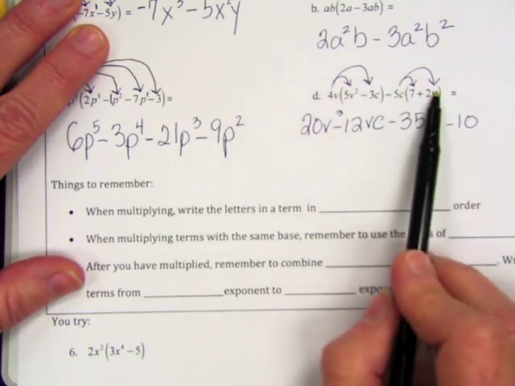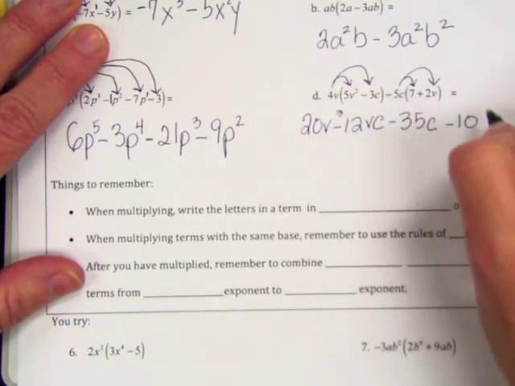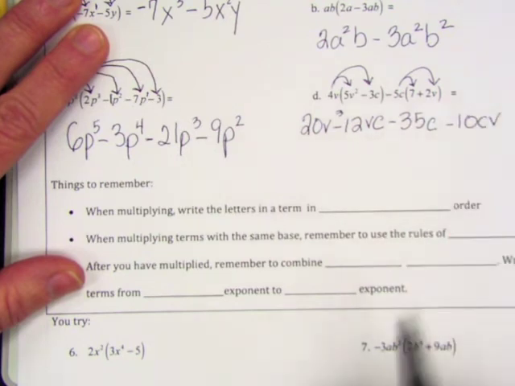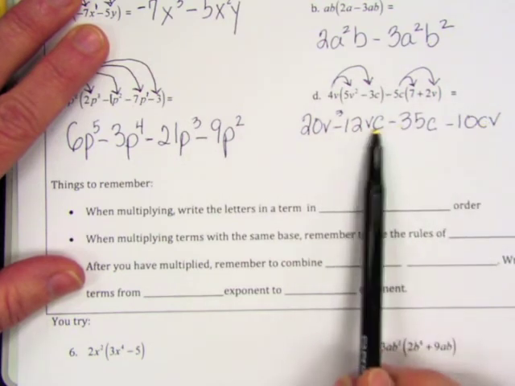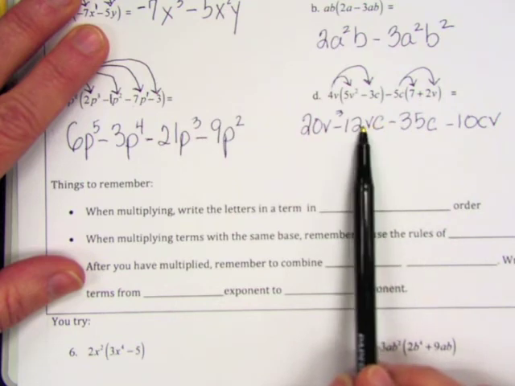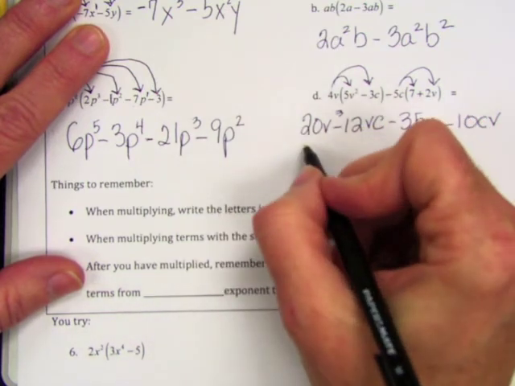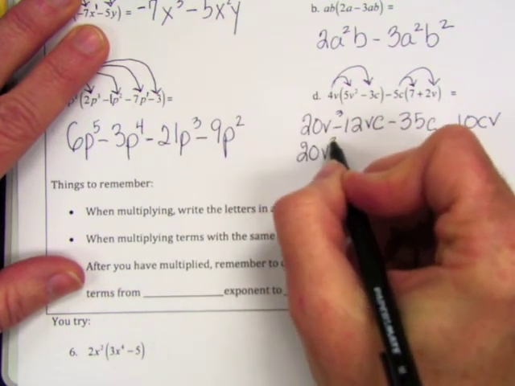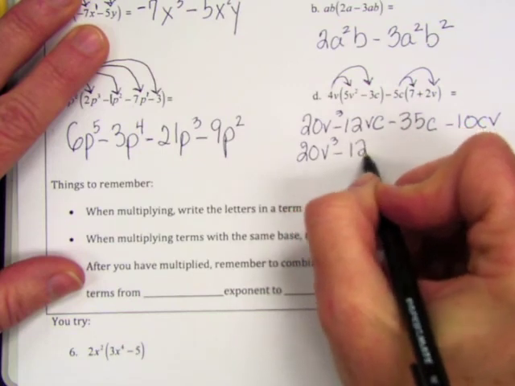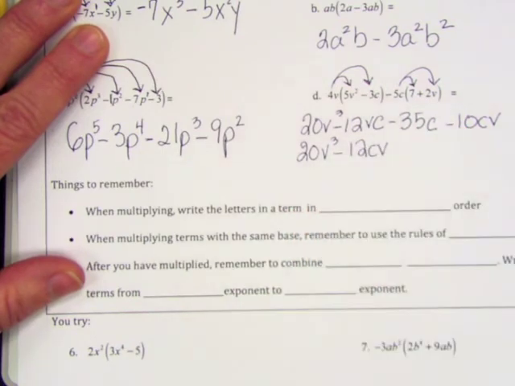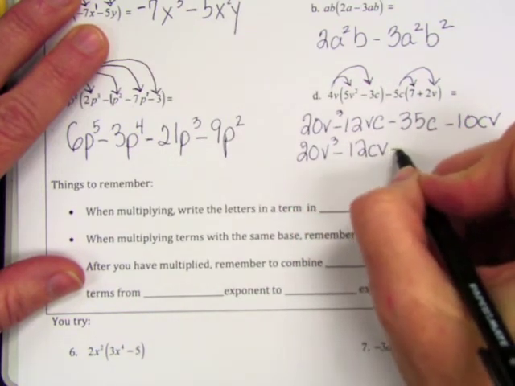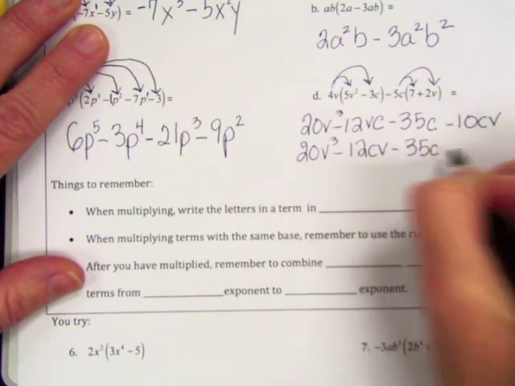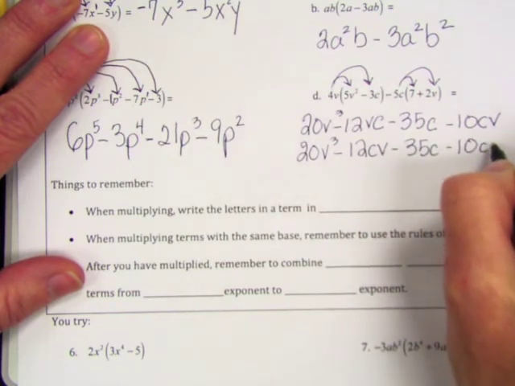Now what am I going to do? I have a c and a b. Well, I'm going to go in alphabetical order, and I'm going to go c, b. Now if you take a look back over here, I didn't write those in alphabetical order. So I'm going to rewrite that 20b cubed minus 12cb. So I'm going to put my variables in order alphabetically. Minus 35c minus 10cb.